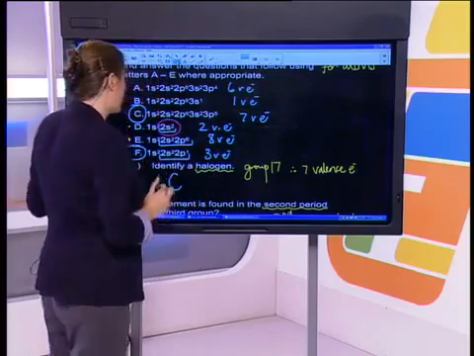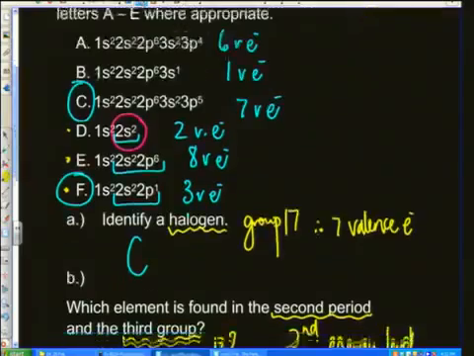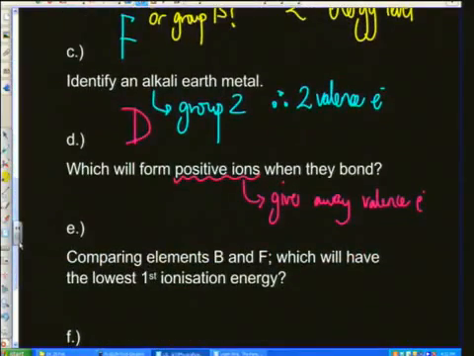It's critical to note here, the ones that are going to form positive ions must give away valence electrons, and those would be metals, okay, that would be willing to give away. They will have very few valence electrons themselves.